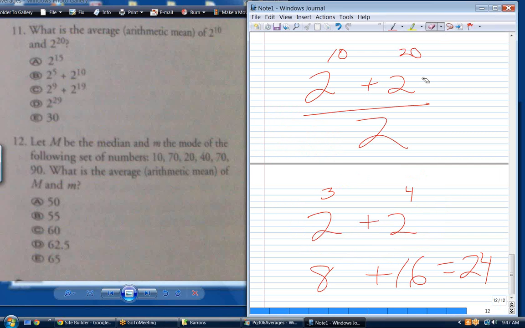What if I factor out a 2 here? And I make this 2 times 1 to the third plus 1 to the fourth. That doesn't work.